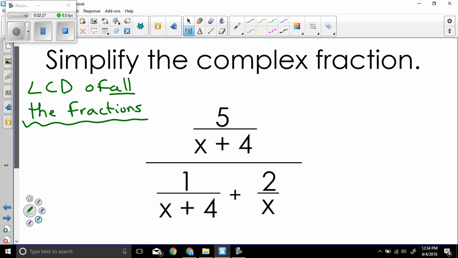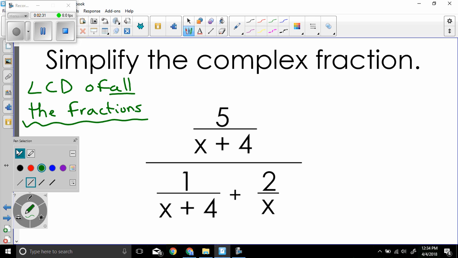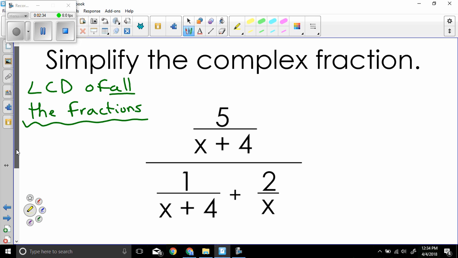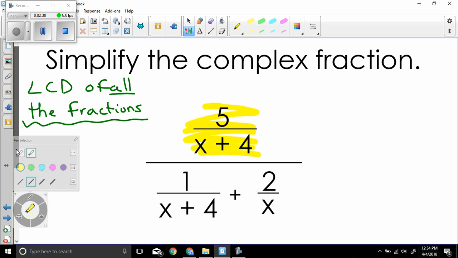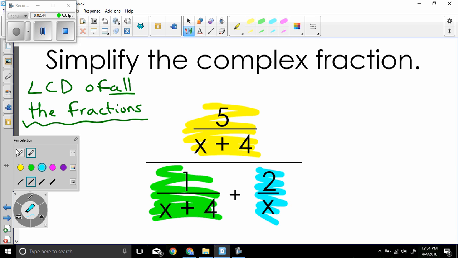So, if I'm doing an LCD of all the fractions, I'm thinking to myself that this thing right here is one fraction, then I have this one, and finally this one here.